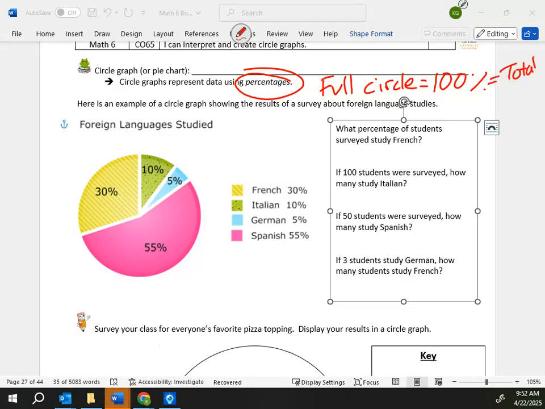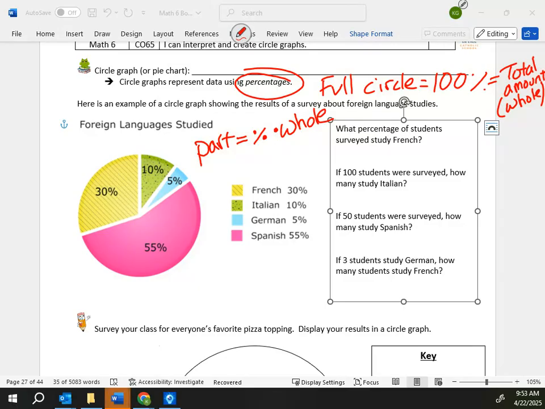That 100% equals your total amount, the whole. And remember, you need to remember our equation: part equals percent times the whole. I would put that on our help sheet.